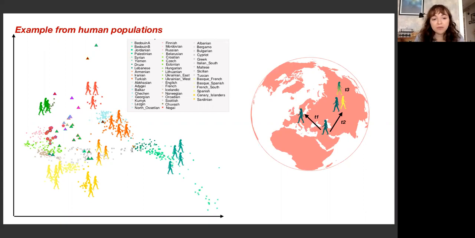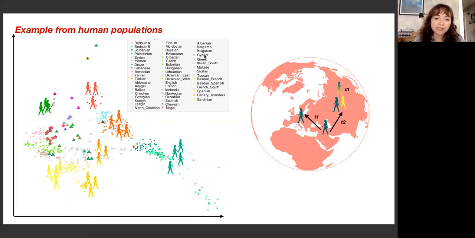So if we look at this figure, this is a principal component analysis that is summarizing the genetic data of the individuals into two dimensions. Here, each dot corresponds to one single individual. For example, here we see that the green individuals are here, orange individuals are here, and then the red ones, green ones, each color represents one single population. And the color codes are here.